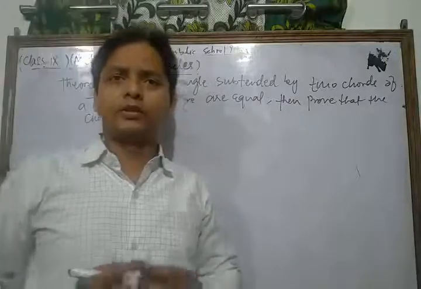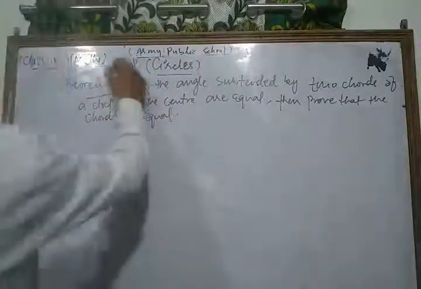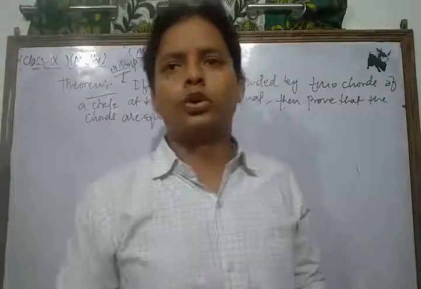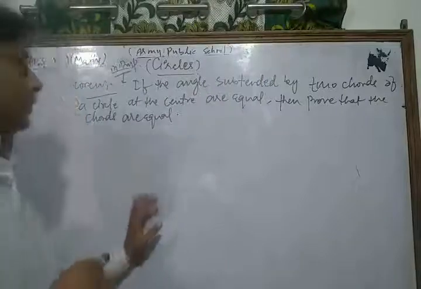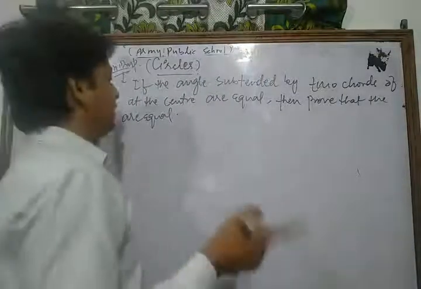This is also a very important theorem of your NCERT exercise. So in that theorem, what it says is that if the angle subtended by two chords of a circle at the center are equal, then prove that the chords are equal.